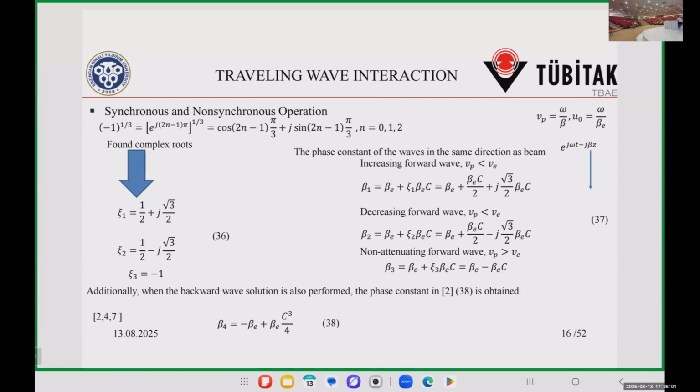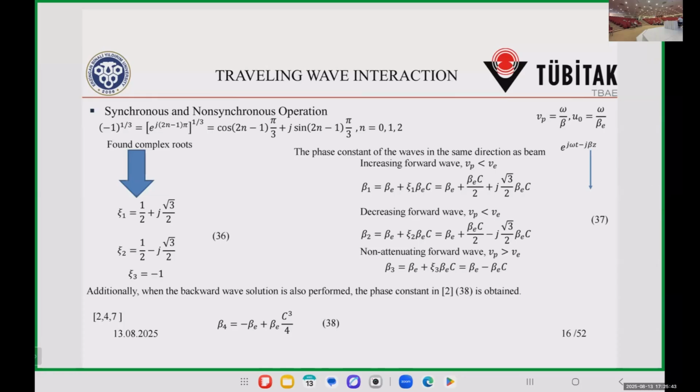In beta 1 and beta 2, the quantity beta E C divided by 2 indicates that the wave travels slower than the electron beam. We also have another solution, the backward wave solution.